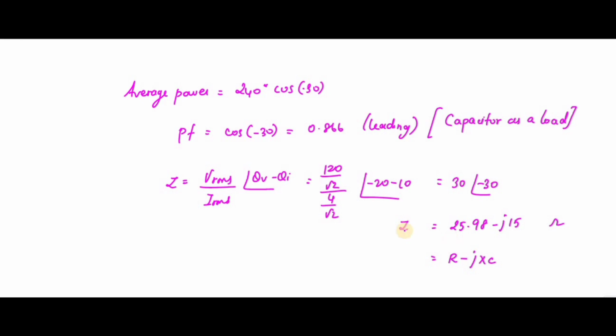So for the load they have used a resistor and a capacitor. So the capacitor value is given as XC. What is XC? XC is equal to 15, right? I can write it as 1 divided by omega C is equal to 15. So what is C? C is equal to 1 divided by omega into 15.